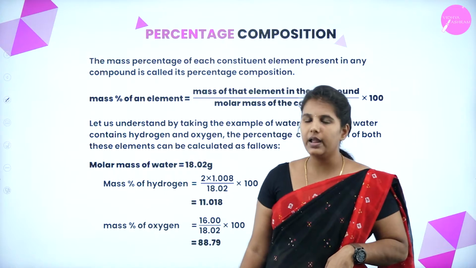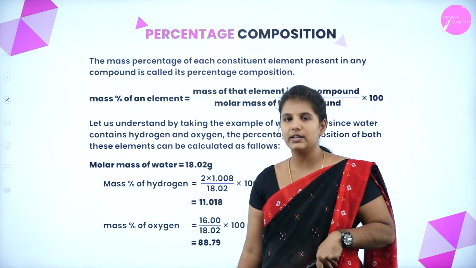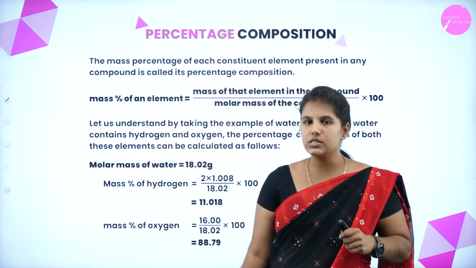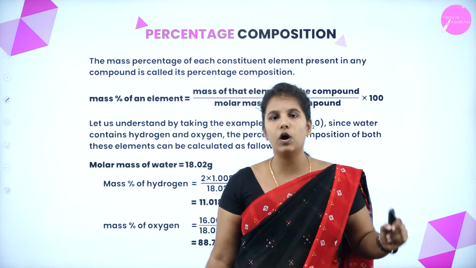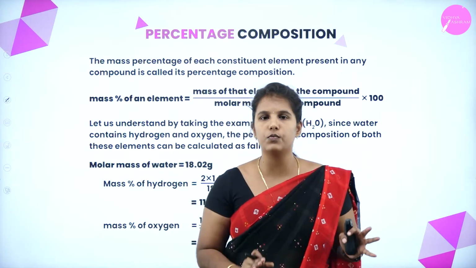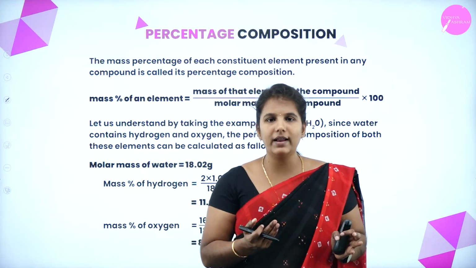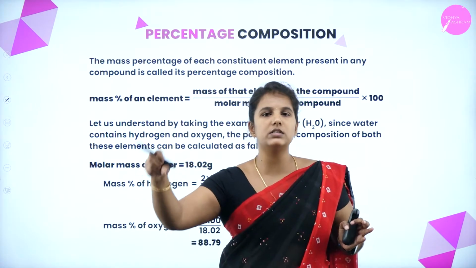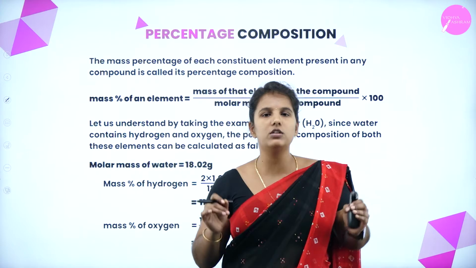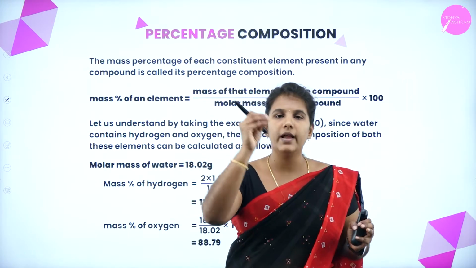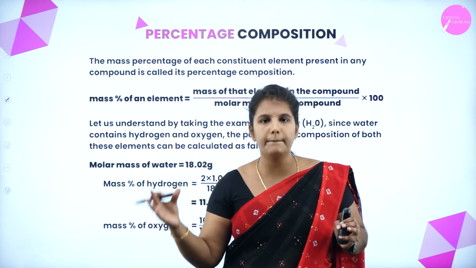So what is meant by percentage composition? Let us understand. Just now we have learned how to count the number of entities found in matter. Suppose I give a compound to you, can you identify how many elements are present in a particular composition? It's not so easy to count the number of elements found in a particular percentage.